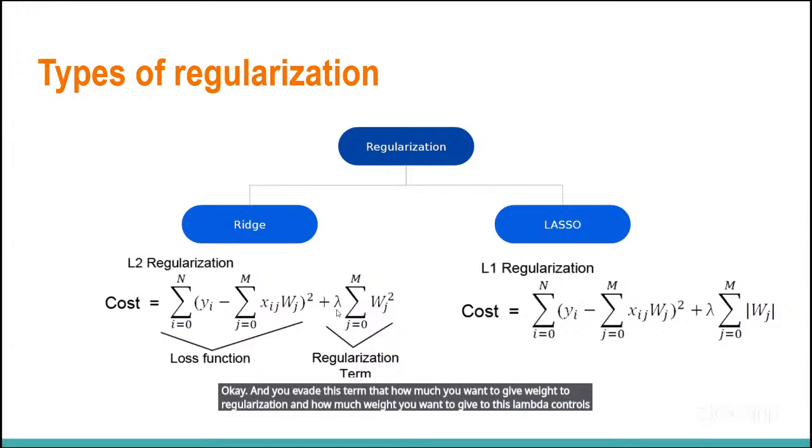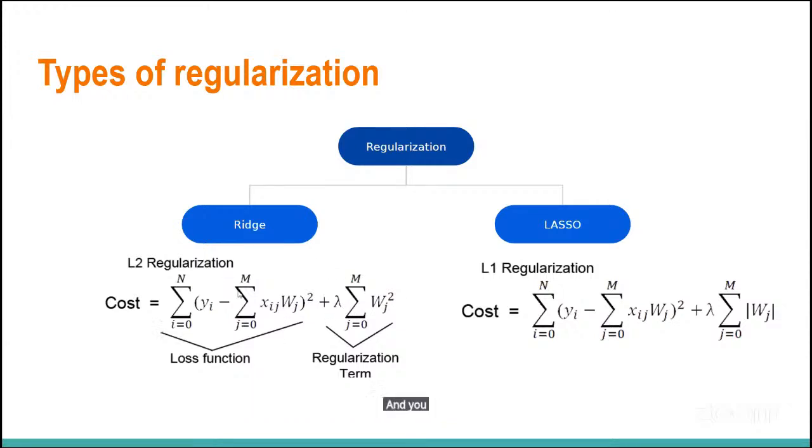If lambda is very small, very close to zero, then you are not doing any regularization. If lambda is equal to zero, you can simply remove this term and you only have this term. It's without regularization.